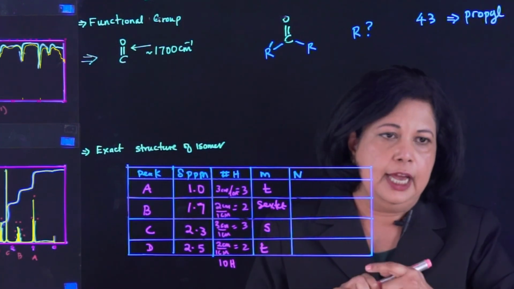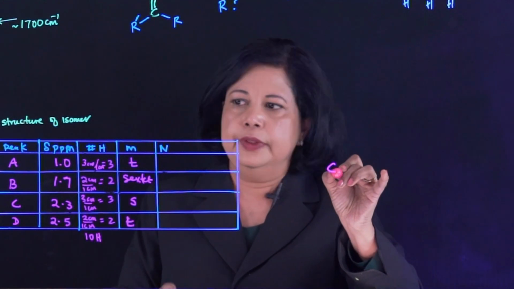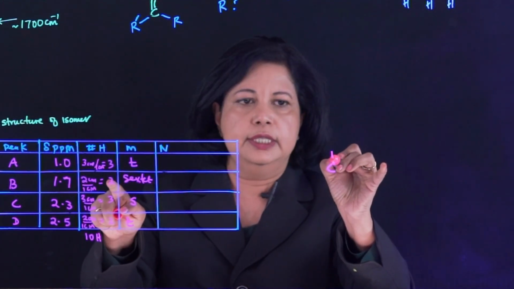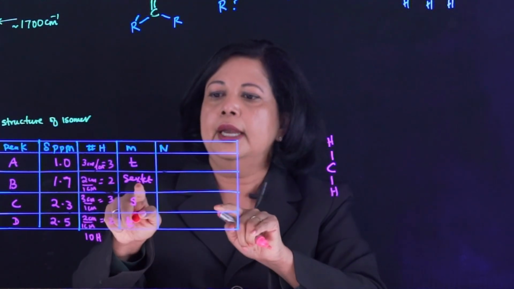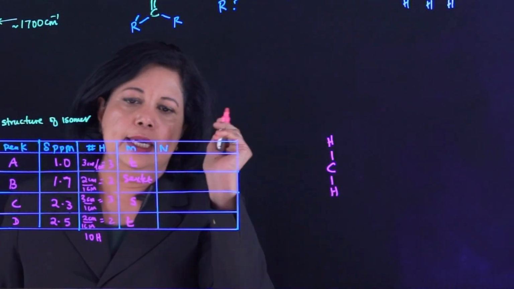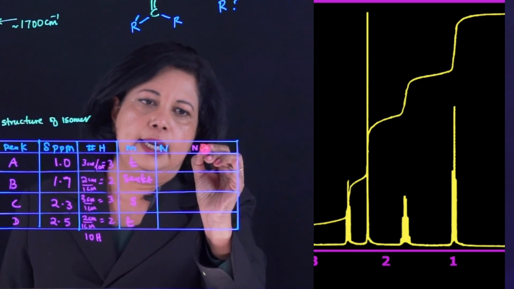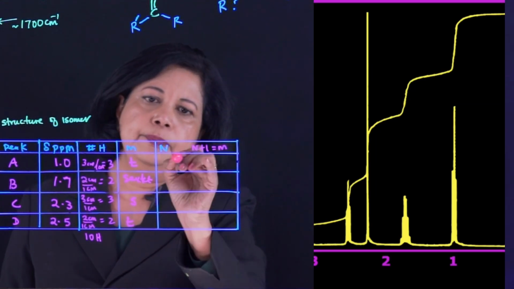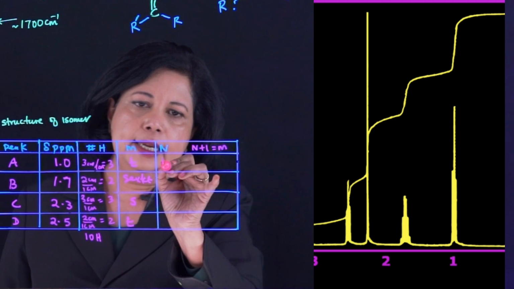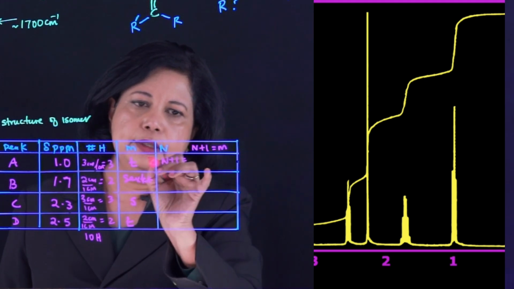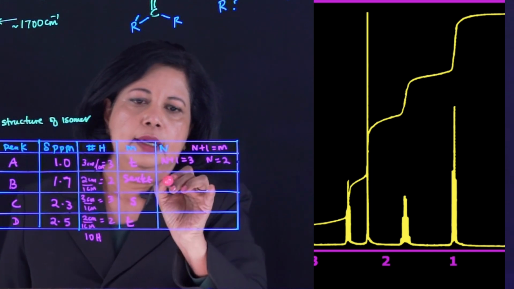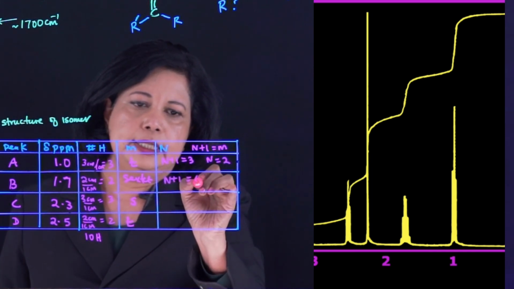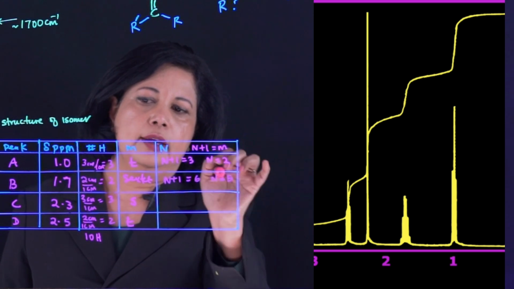We know that n plus 1 is equal to m. In this case, n plus 1 is 3 for a triplet, therefore n is going to be 2. For the sextet, n plus 1 is 6, so n is 5.